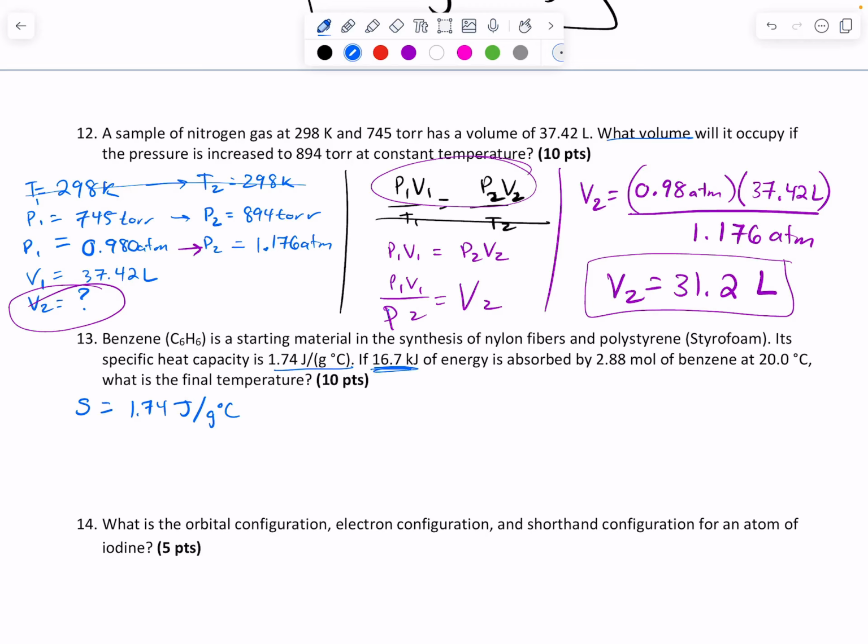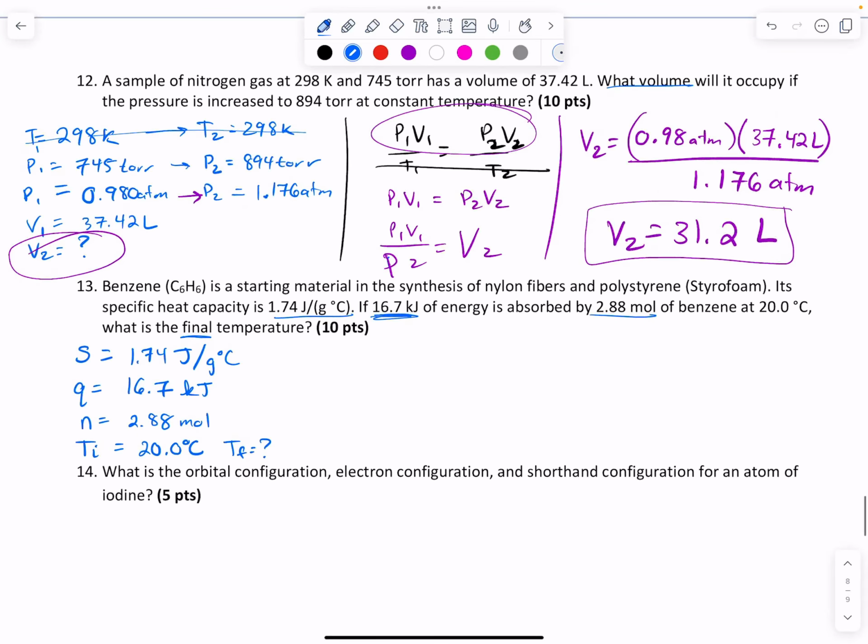If 16.7 kilojoules of energy, so that's my Q, that's my heat, is absorbed by, we've got our moles, n equals 2.88 moles, at 20 degrees Celsius. So T initial, that's the initial temperature because the other one is final. T initial is 20.0 degrees Celsius. And what I'm trying to find is T final. Okay, so let's ask ourselves first, how do our units look?